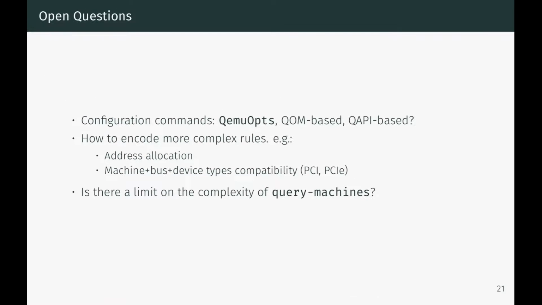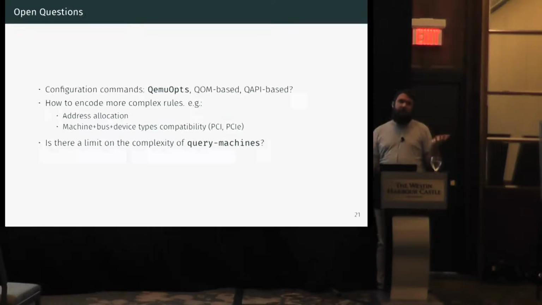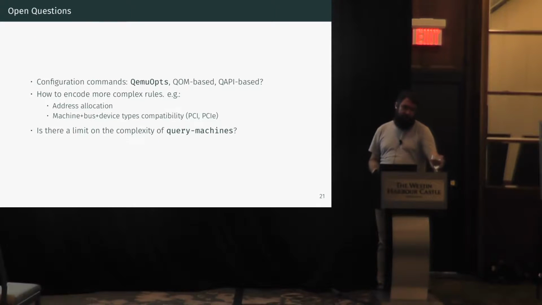A few open questions we still have is how exactly we are going to configure the VM. So today we have the command line. We need to map that to QMP commands somehow, and what abstractions we are going to use for that. Because today we have a few different abstractions to represent configuration inside QEMU. We have QEMU ops that basically represents configuration options in a generic way.